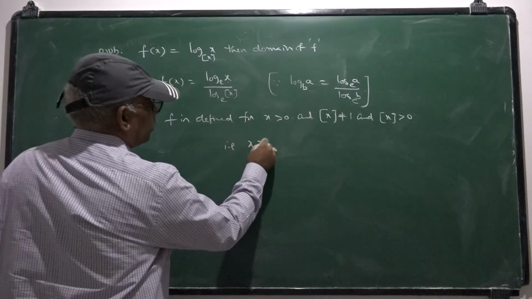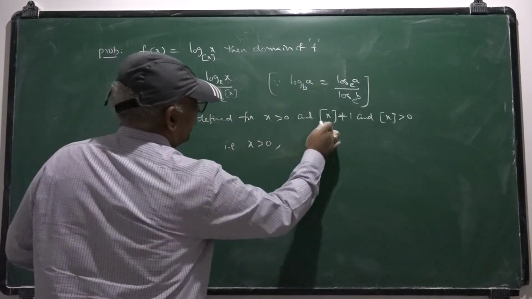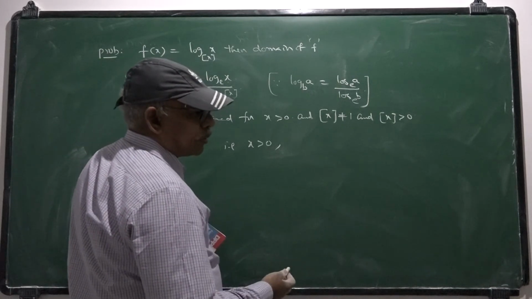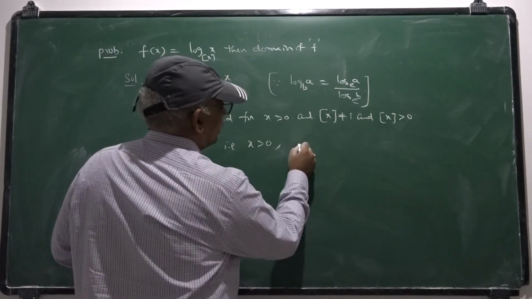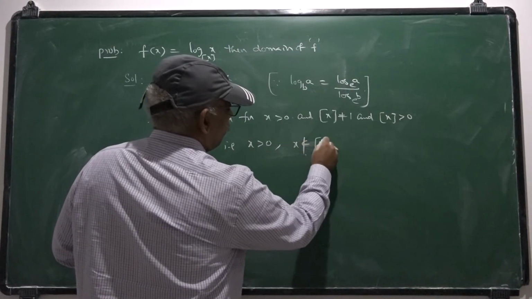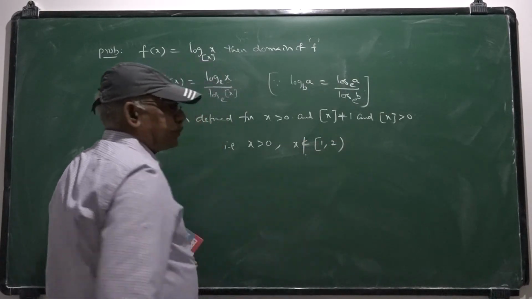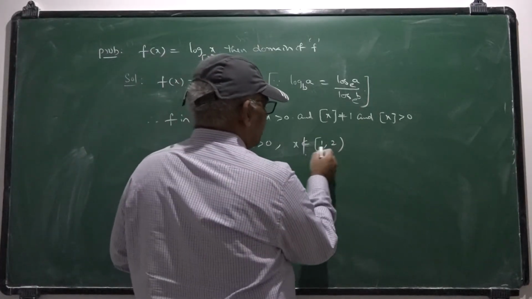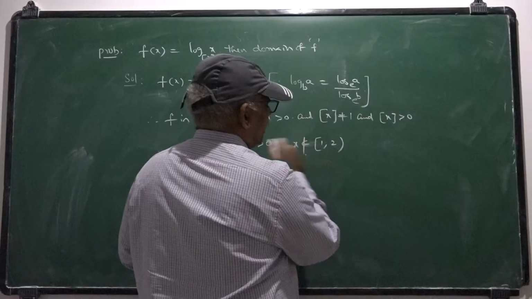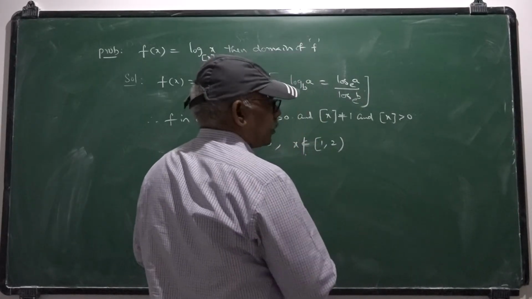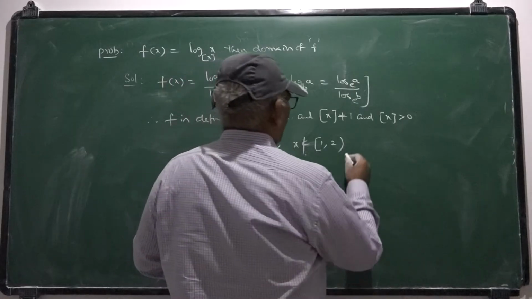So that is x positive, comma, step x not equal to 1 means x does not lie between 1 and 2. Of course, once x lies between 1 and 2, step x is 1. Hence, x does not lie between 1 and 2.